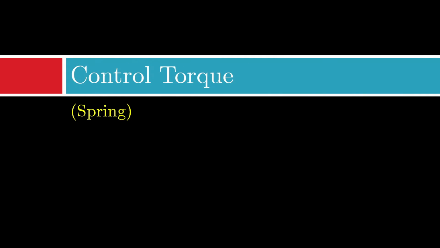What is control torque? The control torque is normally provided with the help of a control spring, which is attached to the spindle of the disc, and the disc is usually made of aluminum. As the disc moves towards closing of the contacts, the spring torque increases with the winding of the spring.